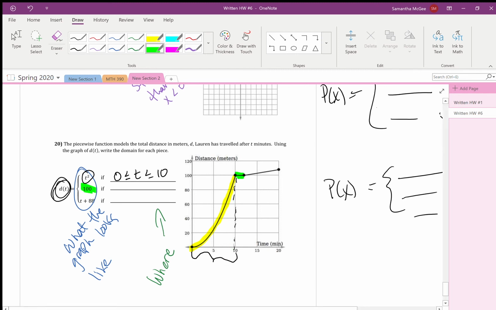And that's going to start at 10, and it stops at 12. I'll talk about how I got that value in a second.